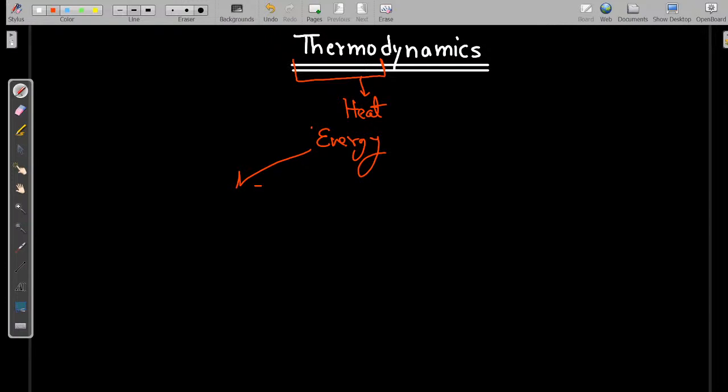If you are talking about energy, there can be a question: what are the different types of energy? And when you talk about energy, you know the basic principle of energy, that is conservation of energy.